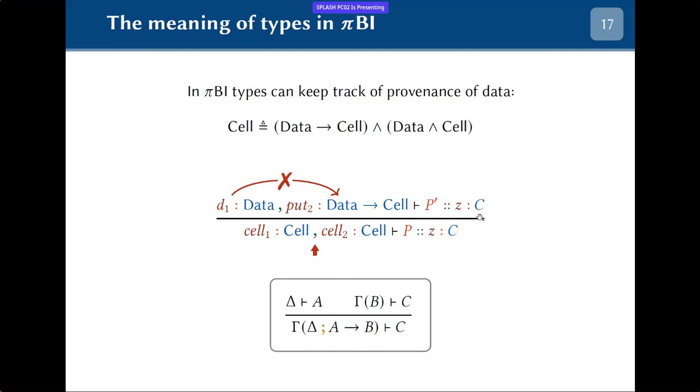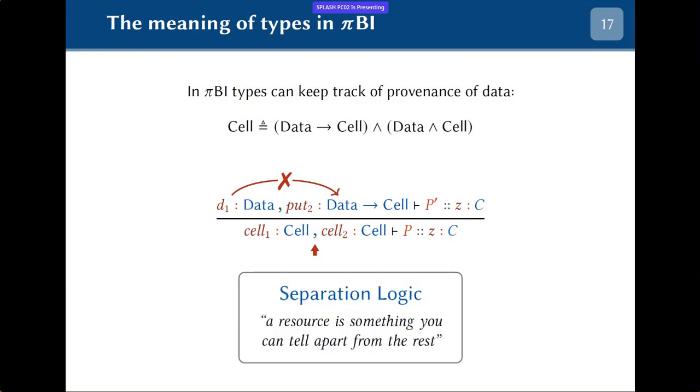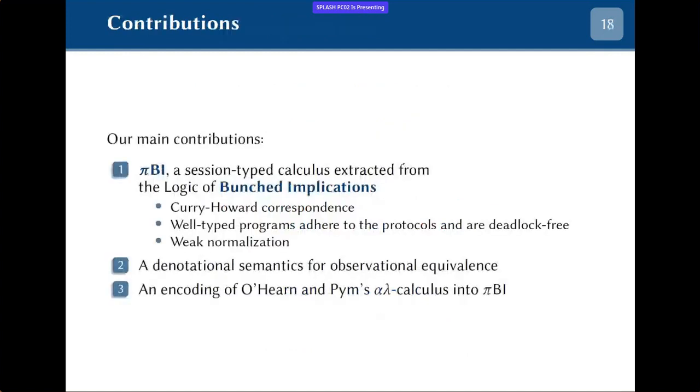And just making this flow happen would violate this notion of separation. Now, this is just intuition, but we made this precise by developing the denotational semantics that can give a precise meaning to what we mean by provenance tracking. And this is also giving some meaning for this particular interpretation of BI to the motto, a resource is something you can tell apart from the rest.